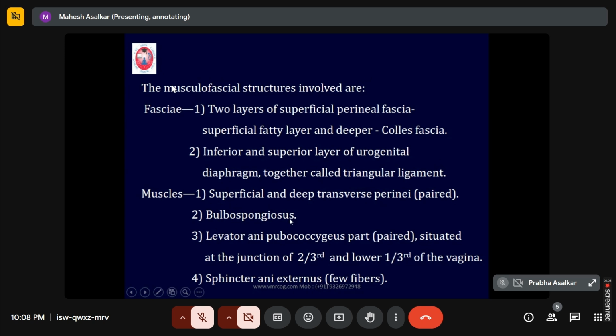Then you have the bulbospongiosus, the levator ani and the pubococcygeus part, which is paired, situated at the junction of the upper two-thirds and lower one-third of the vagina. Then the sphincter ani externus, a few fibers of it. These are the structures involved in the formation of the obstetric perineum or the perineal body.